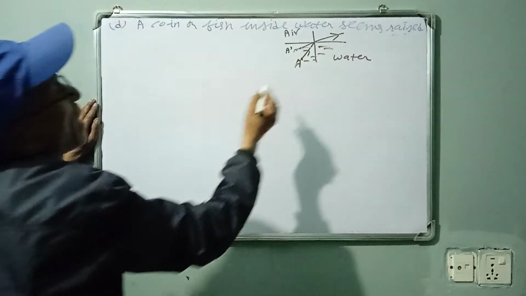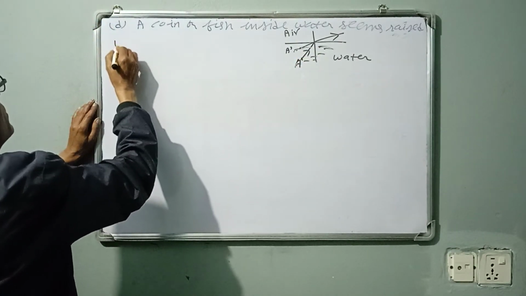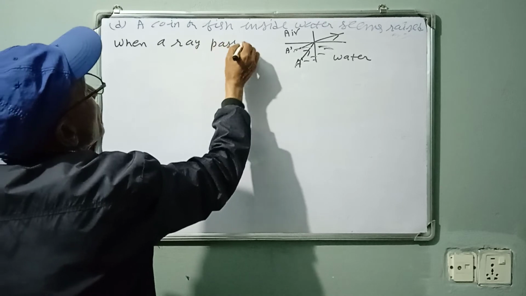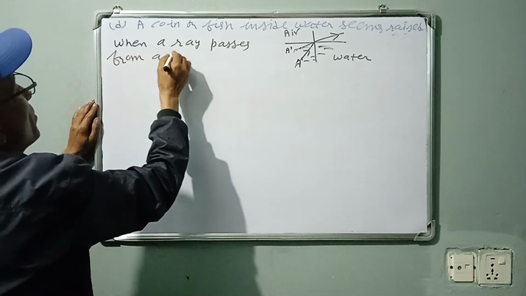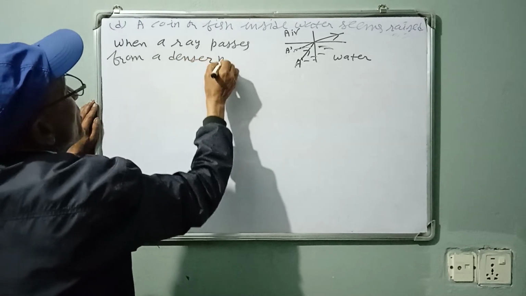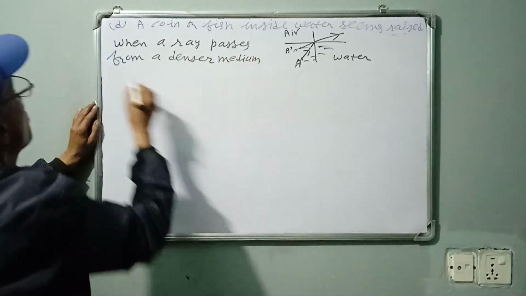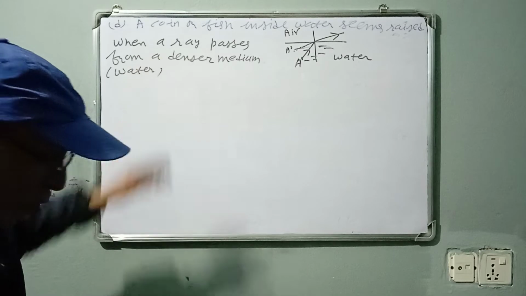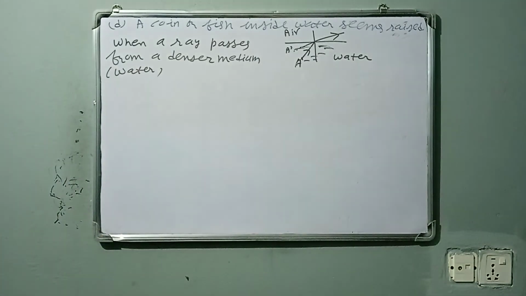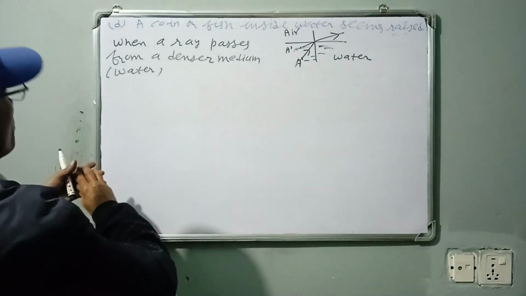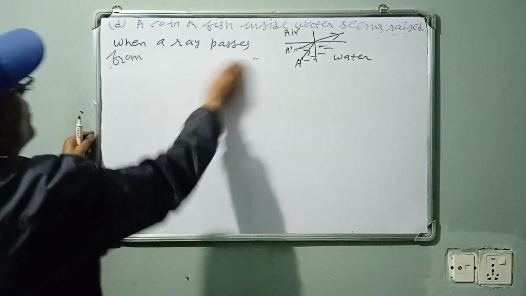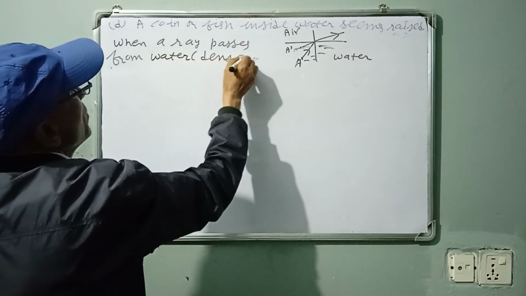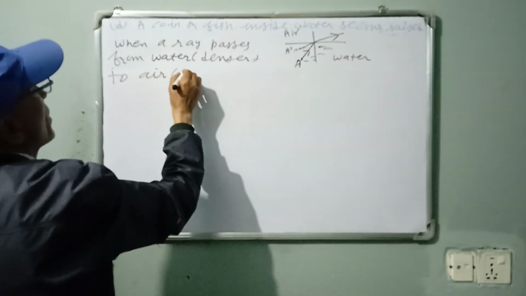A coin or fish inside water seems to be raised when a ray passes from a denser medium, say in this case water, to air, a rarer medium.